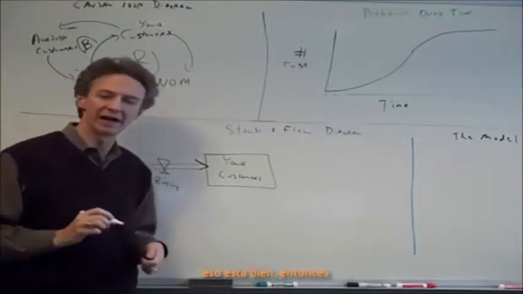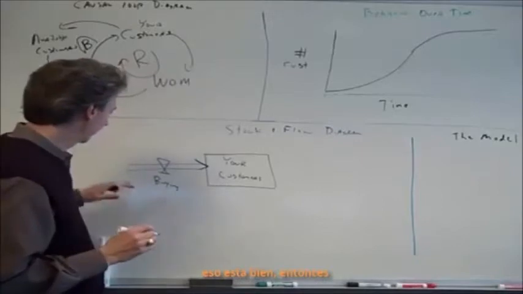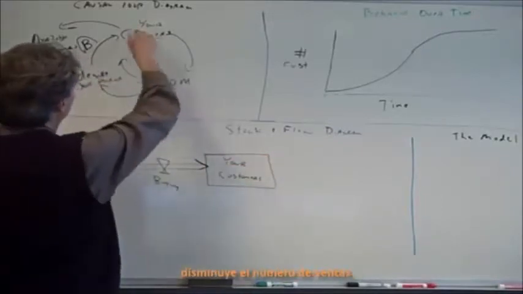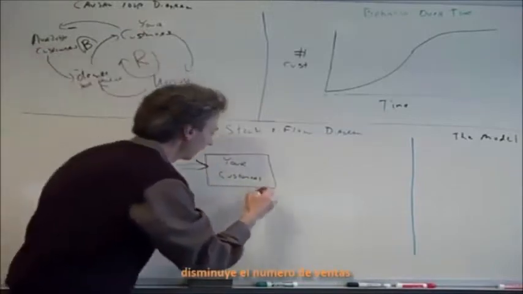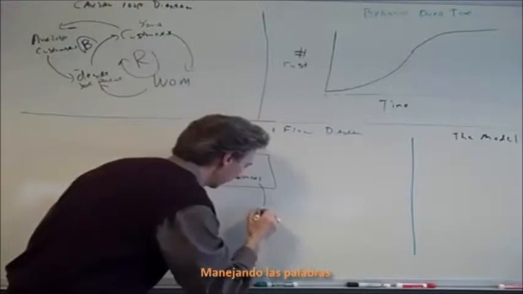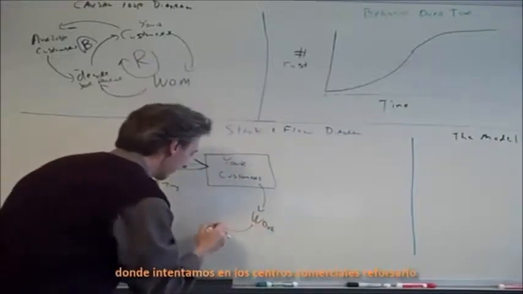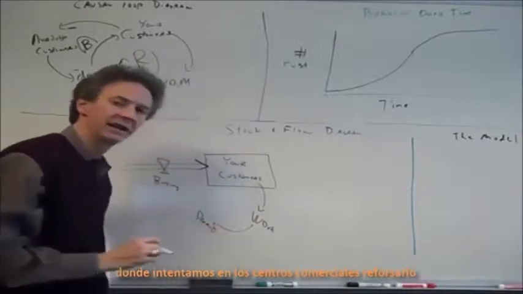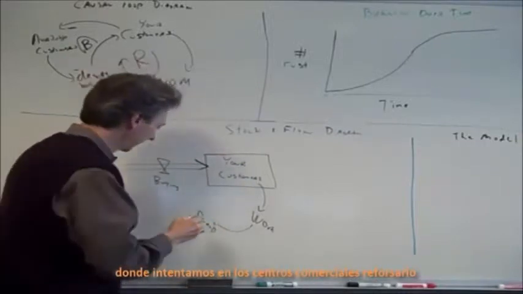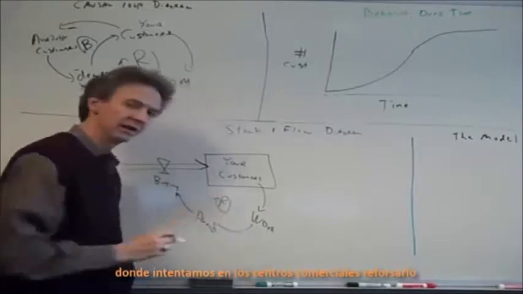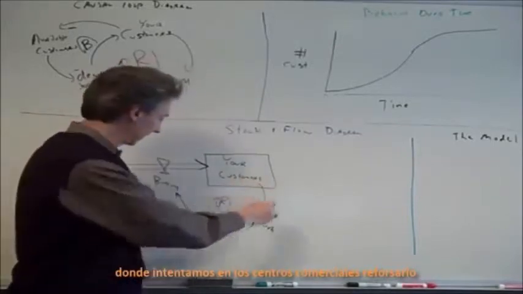We will call that buying. So buying will drive this stock higher. Just taking this and turning it into here: number of customers is driving this word of mouth. Word of mouth is driving demand in the marketplace, and then demand is driving this buying. So that's the reinforcing loop, basically.